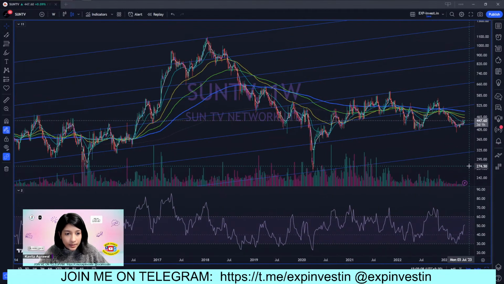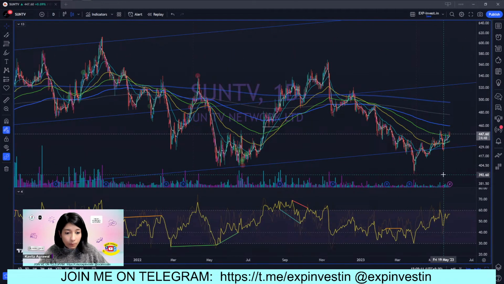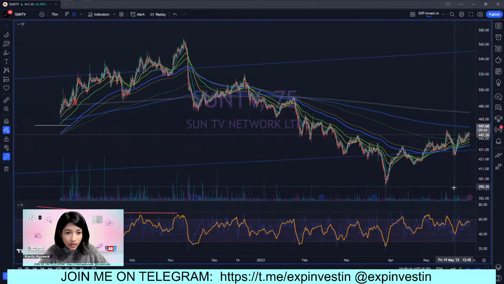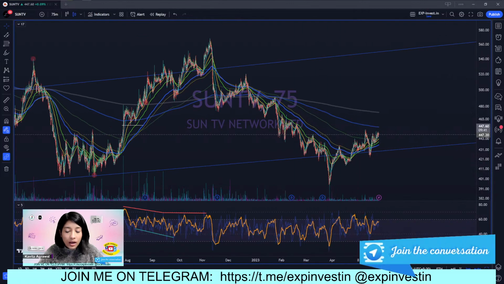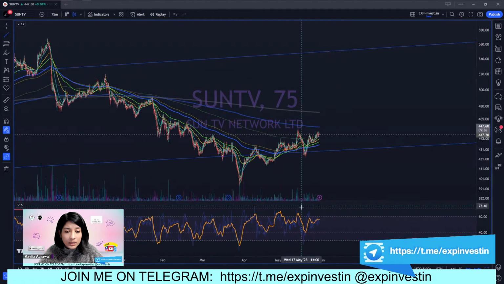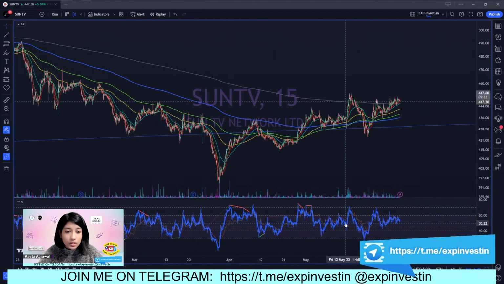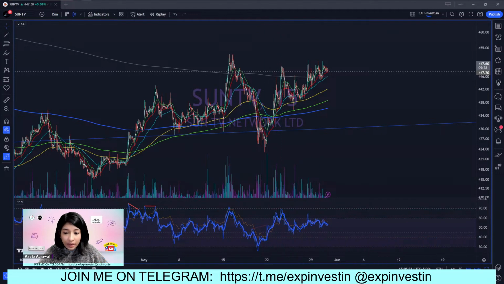And I see the stock has taken very, very splendid support on this trend line, which is very encouraging. The 75-minute time frame is showing RSI range shift, but at the same time, the RSI is also indicating some exhaustion on the 75 and 15-minute time frame.